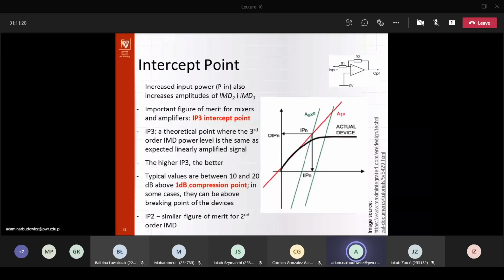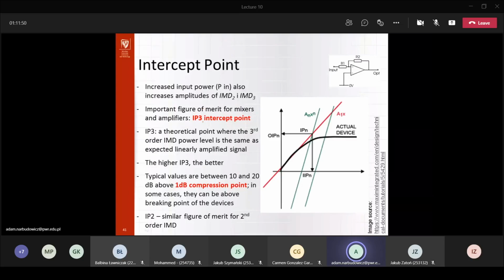So basically, if you operate with the 1 dB compression point, this is more or less the limitation of the power you can input to your system, okay? Because if you operate too close, or especially above the 1 decibel compression point, then you might experience some non-linearities.